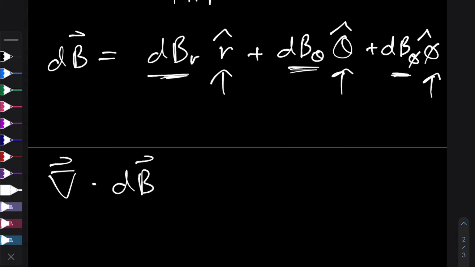Well, the divergence of dB can be expressed because it's now in spherical polar coordinates.